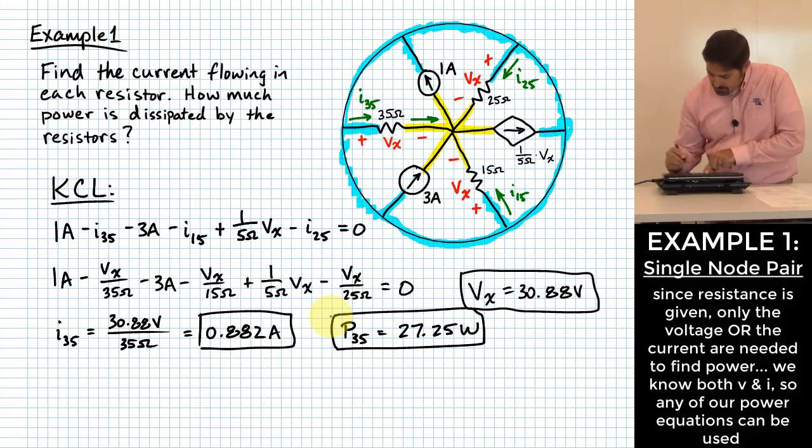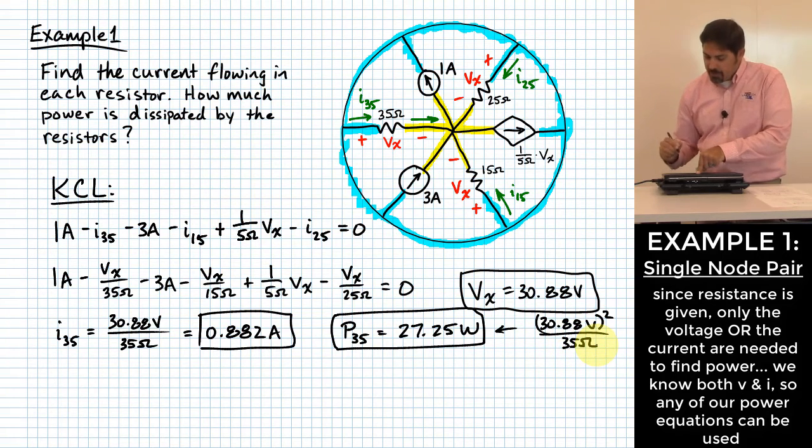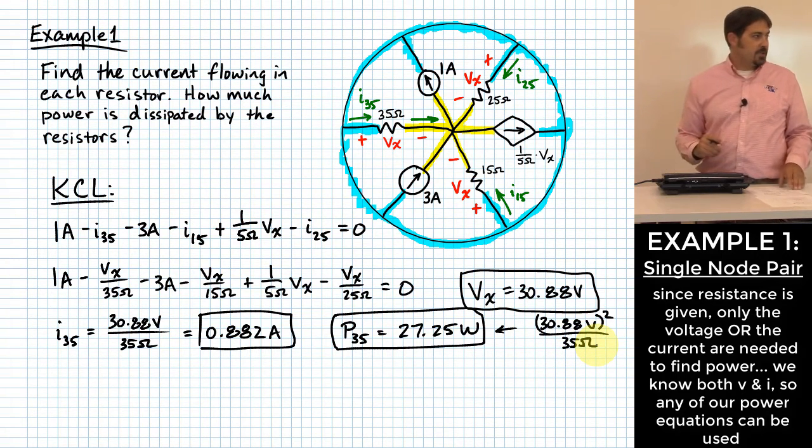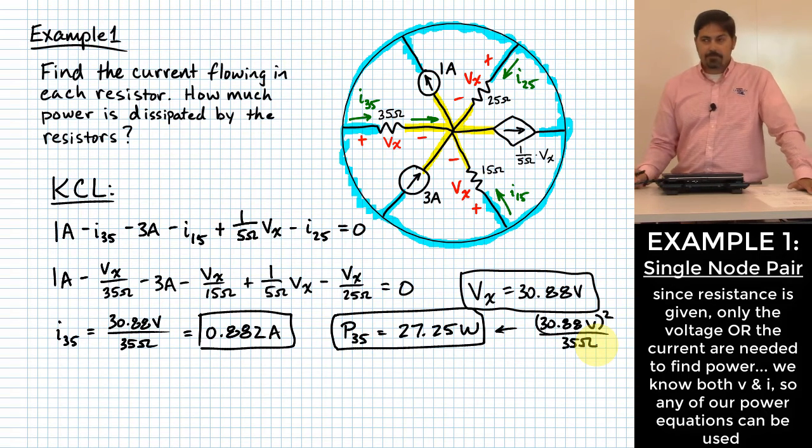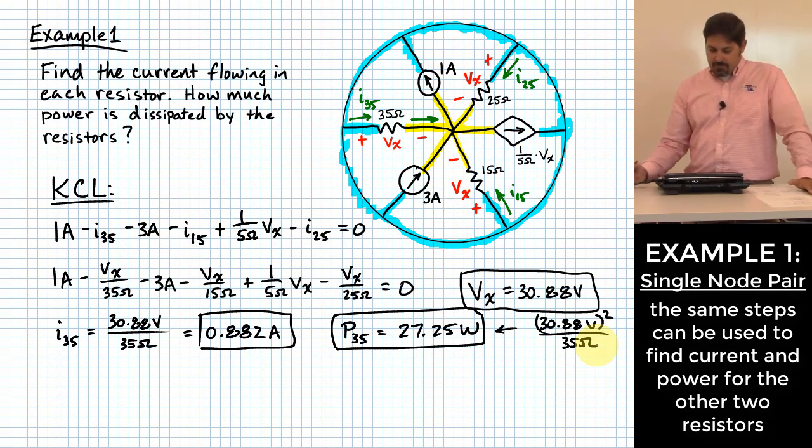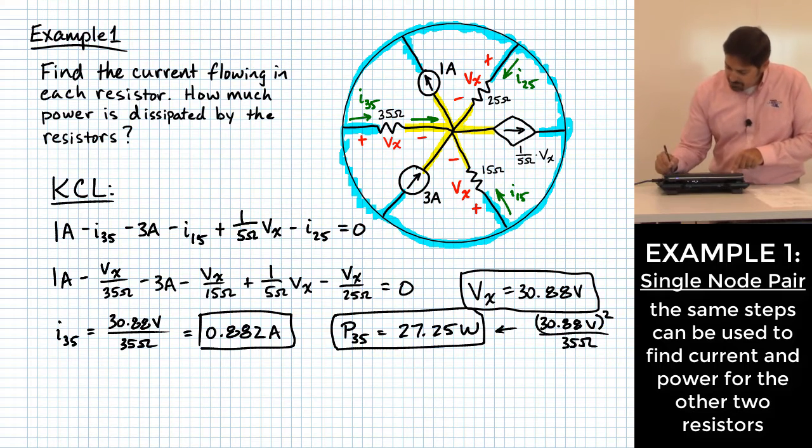What I did there was take 30.88 volts, square it, and divide by the resistance value, 35 ohms. That was your V squared over R formulation that we looked at just a little while ago. Okay, cool. What about the next one?